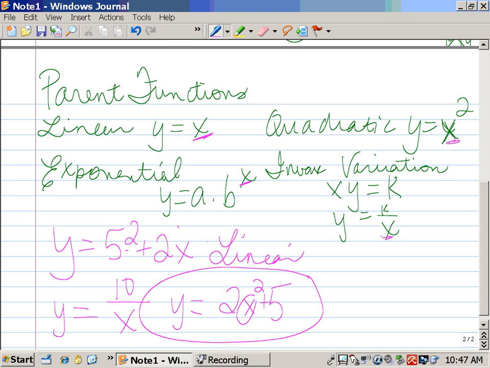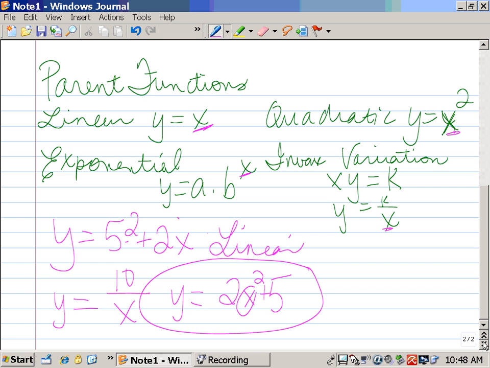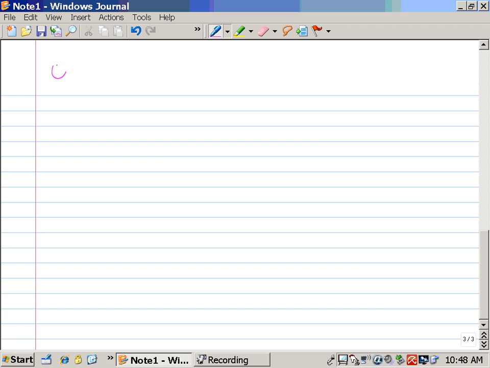If there is an exponent, does that mean it's exponential? No. What has to be the exponent? Okay, so write this down. If the x is the exponent, it's exponential.